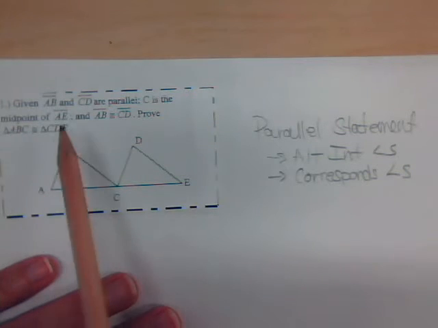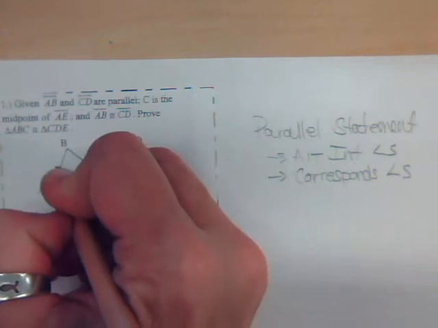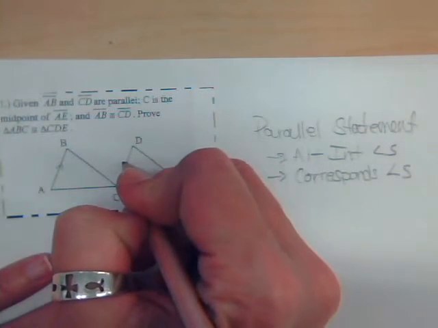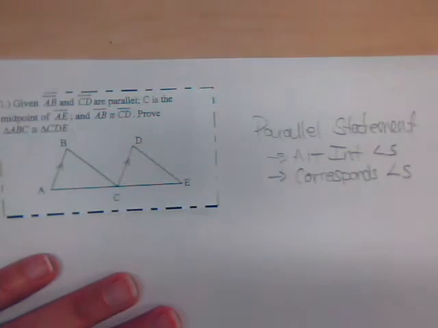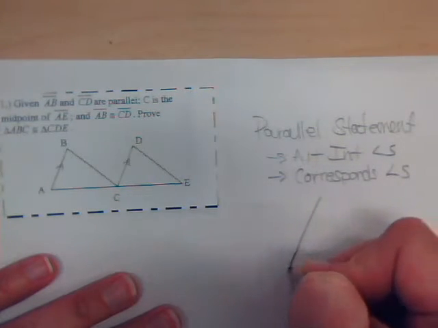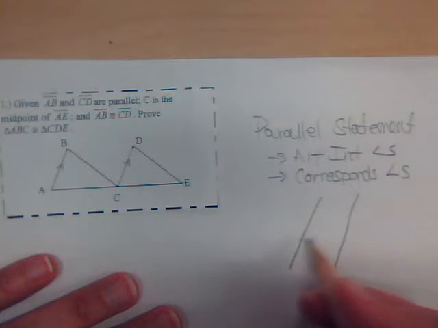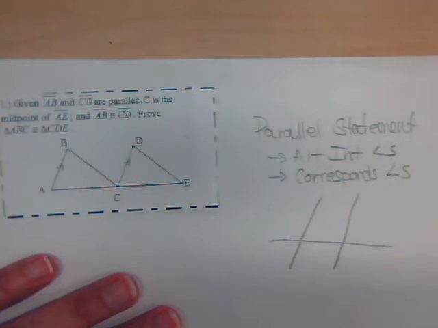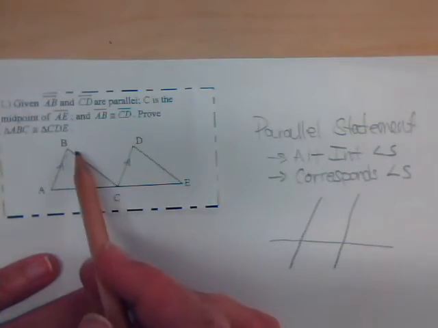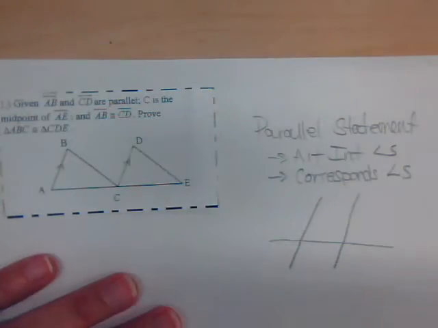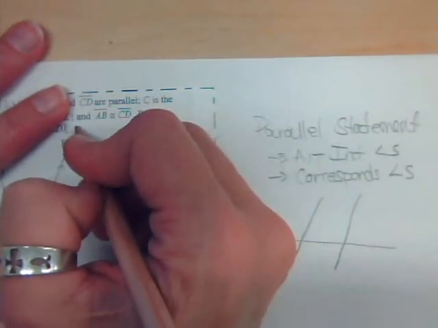So for example, they tell you AB and CD are parallel. And we use a little mark, like a little arrow or less than sign, to show parallel. So if I have these two lines cut by this transversal, basically I have taken this picture and I've extended those lines.